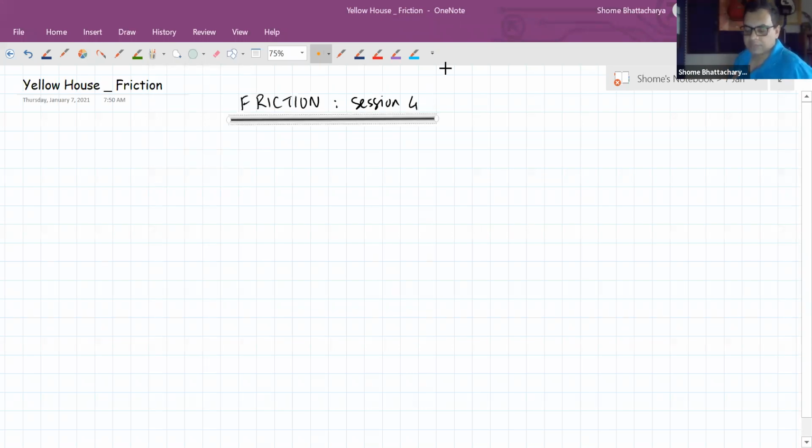So in the last lecture, we had discussed the two block problems in friction. Let's review that with an example, a similar type.